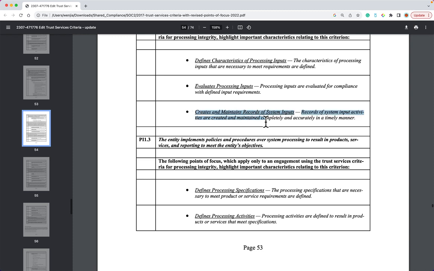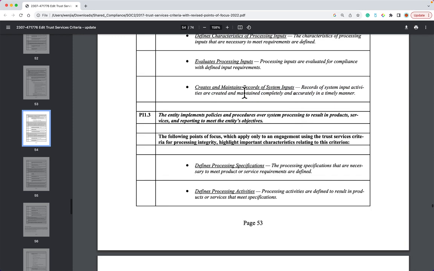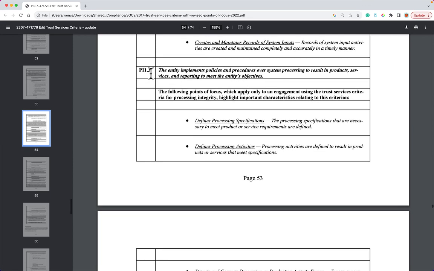Next one, creates and maintains records of system inputs. Every time you create something, of course, you need to build a collection of all the records. Next one, 1.3: the entity implements policy and procedures over system processing to result in products, service, and reporting to meet the entity's objectives.